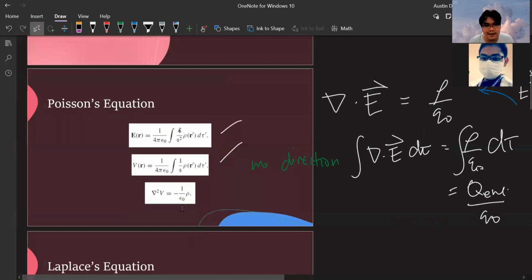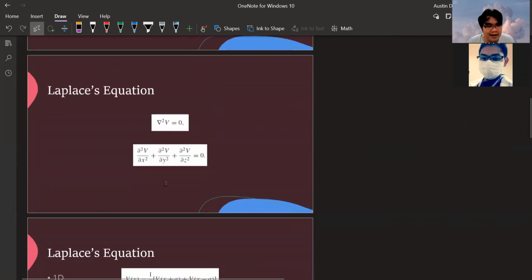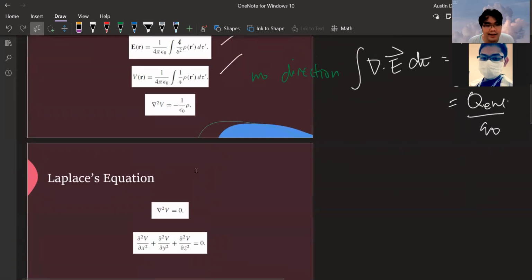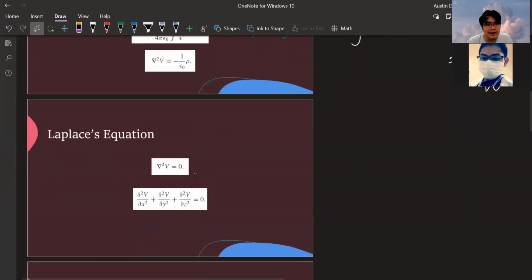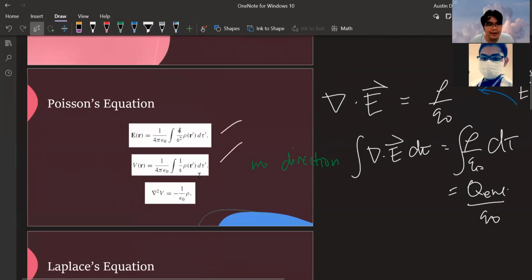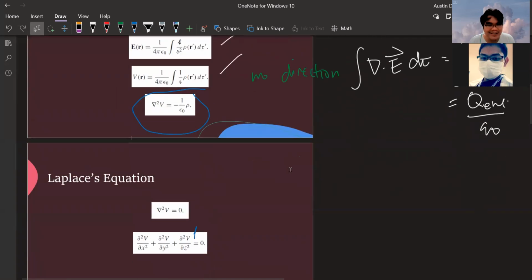If you open the back of your book, the Laplacian in Cartesian form will be like this, on the left-hand side. This equation is called Poisson's equation. Poisson was French, so that's the pronunciation.